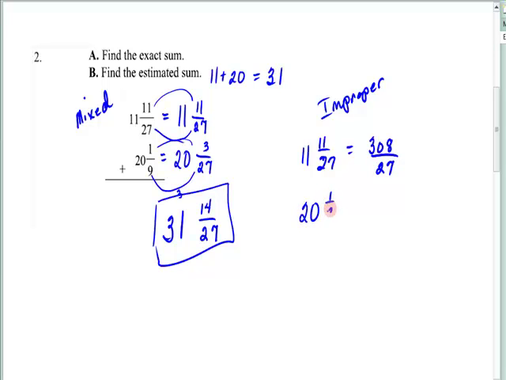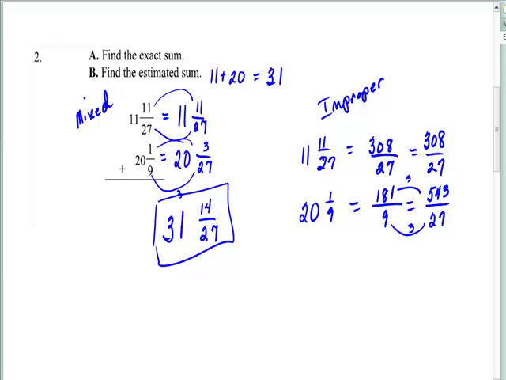I have 20 and a 9th. 9 times 20 is 180, plus 1 is 181. Now that's still over 9. So I then have to get a common denominator of 27. No change for the top one. 9 goes into 27 3 times, and 181 times 3 gives me 543.